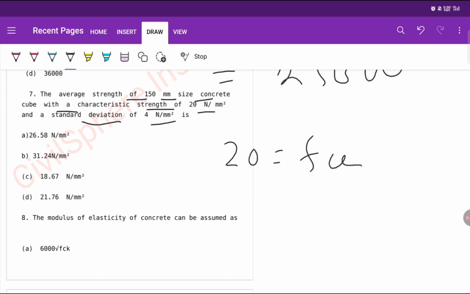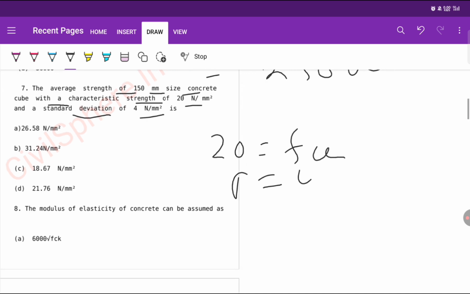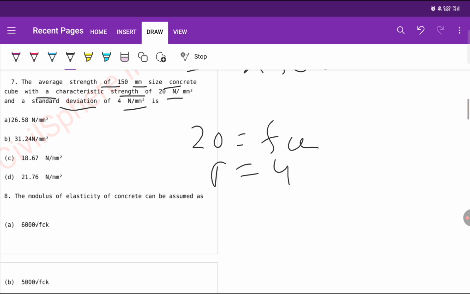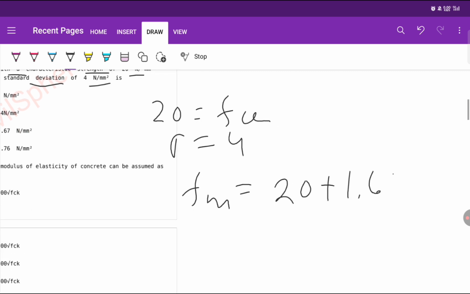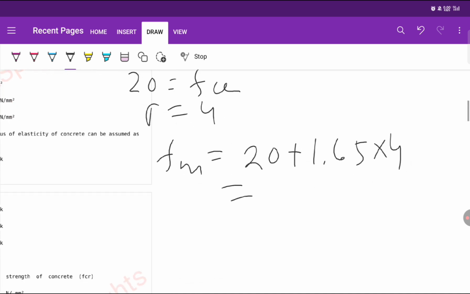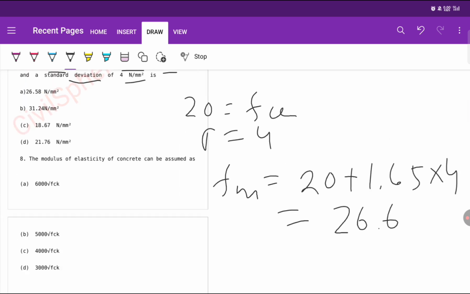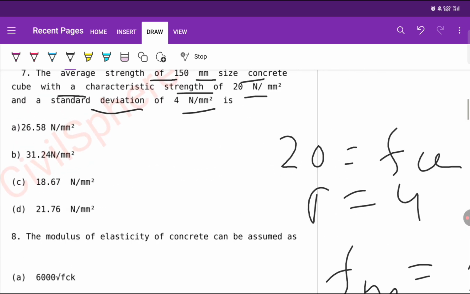And the standard deviation is 4 Newton per mm square. So if I put the value, FM will be FCK plus 1.65 into 4, right? So calculating this, we will get the value 26.6. Okay. So option A is the correct answer.